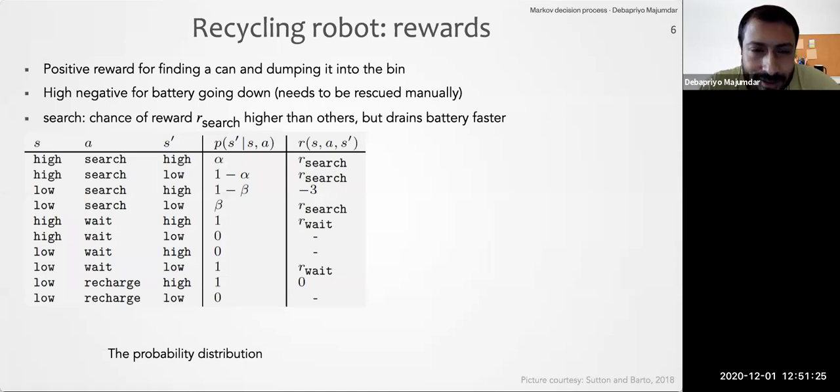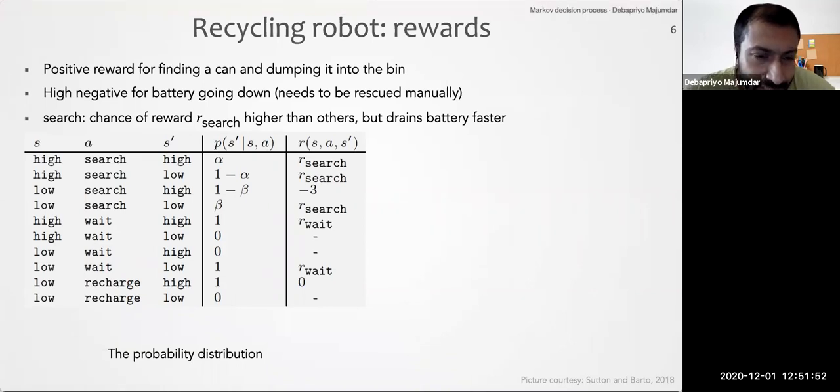Now this table is from the book, but let's actually investigate this to understand what we mean. So this is the probability of going to a new state given the old state and some action. This is the old state, this is the action, this is the new state. If the battery was already high, I keep searching with probability alpha, and this is again a simplified model, as I told you.